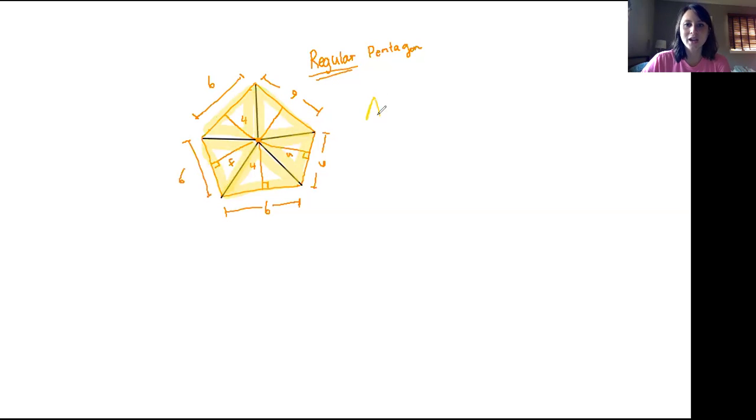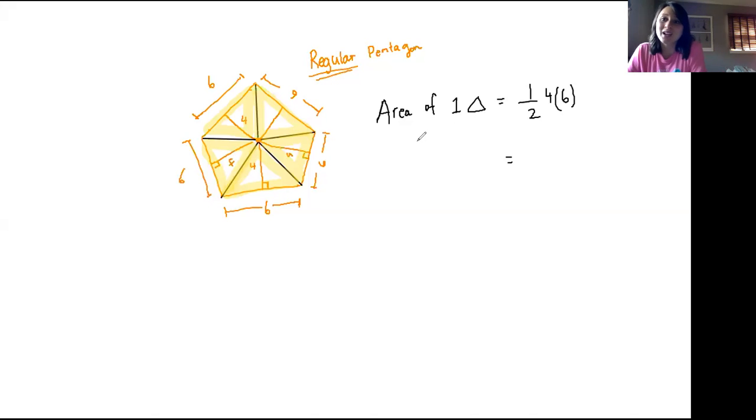So to find the area, I could find the area of one triangle. That would be 1/2 times 4 times 6, right? And whatever that is, I just multiply it by 5 and I get the whole area.